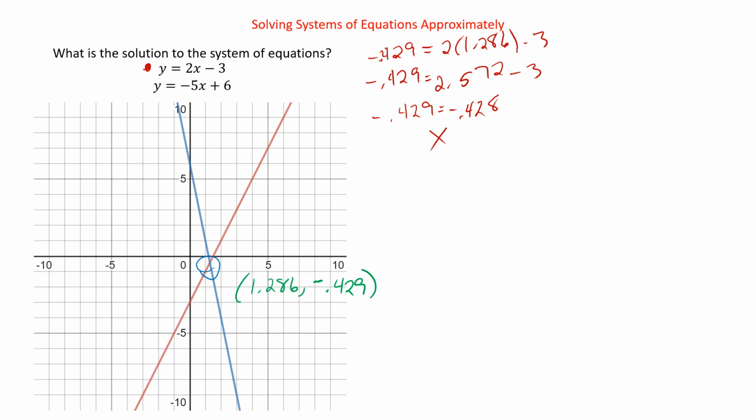So what could we do to actually find this answer just a bit better? Well, if we're looking at our two equations, we have y equals 2x minus 3 and y equals negative 5x plus 6. When they intersect, y is going to be the same thing. So since these two y's are going to be the same thing, doesn't it mean that these two things have to be the same, since those are what equals y?